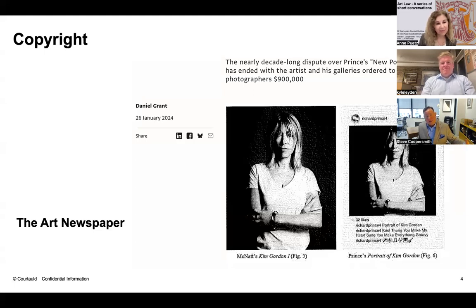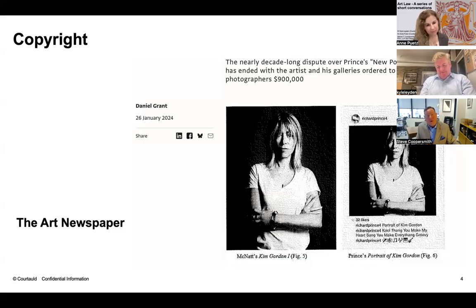In that situation, Warhol had done a number of his famous screen prints of this famous portrait of the artist Prince, and then it was sold again at a later time, possibly by the Gagosian Gallery, though I'm possibly getting that wrong, and I don't want to say something that's not true. But in the Warhol decision, the U.S. Supreme Court reined in fair use in a way that was dramatic.